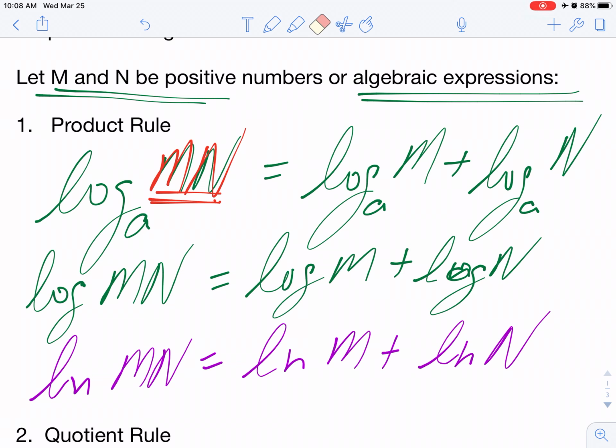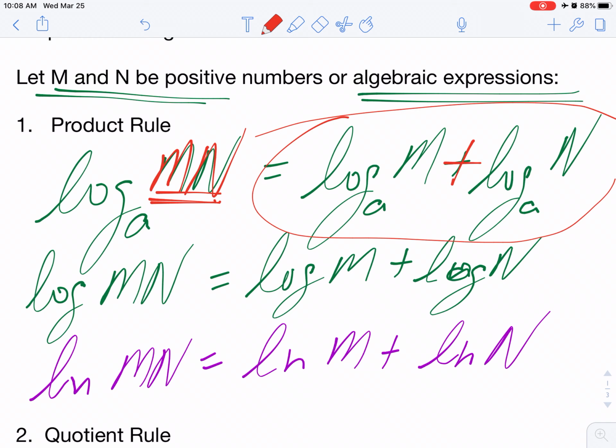And we're going to change that into this expression, okay? Remember, this one has a plus. So we're going to break it apart, basically. With this rule, you can break it apart into what I call expanded form, okay?